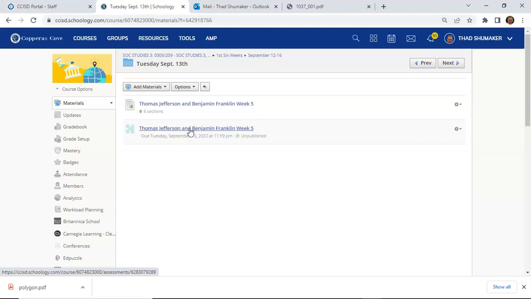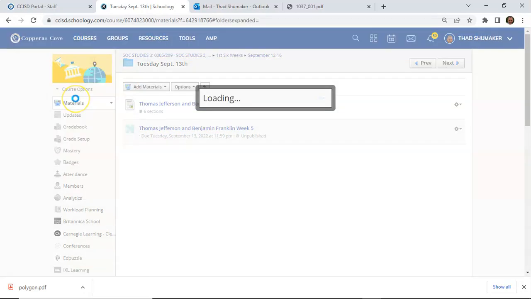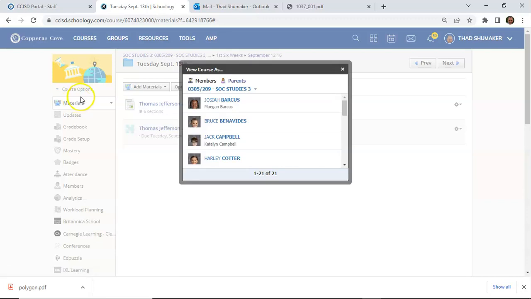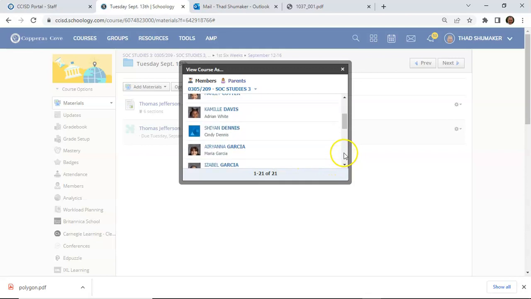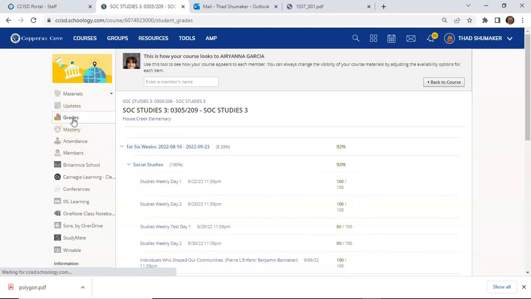I would check math first, and you check that by clicking on Gradebook. When you click on Gradebook, it'll list your assignments. I'll pull up a student so you can see what it looks like. If I click on grades, I can see assignments.